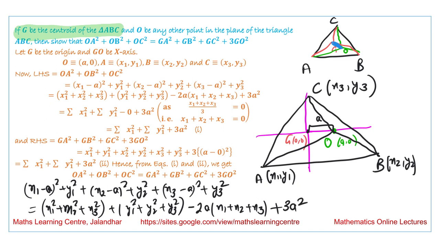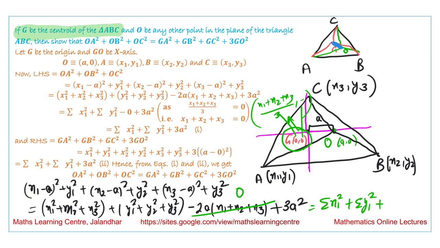Now G is the centroid of this triangle, and its coordinates are ((x1 plus x2 plus x3) by 3, (y1 plus y2 plus y3) by 3), and these values are equal to 0. So we get x1 plus x2 plus x3 is 0. This term is equal to 0. So this result becomes sigma x1 square plus sigma y1 square plus 3a square. This is the value of this term.